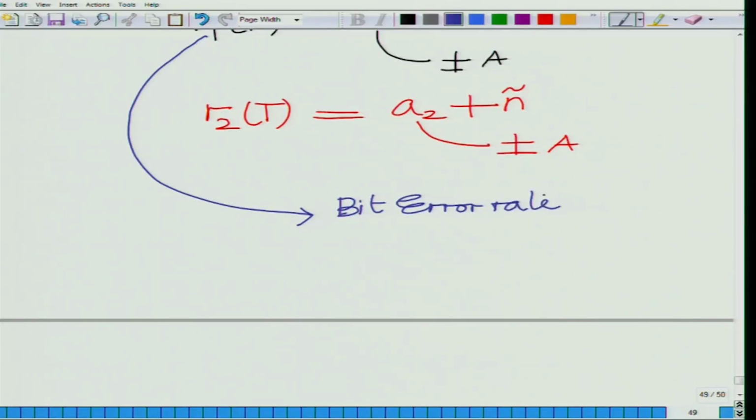Note that this is the bit error rate of each channel, not the overall bit error rate.